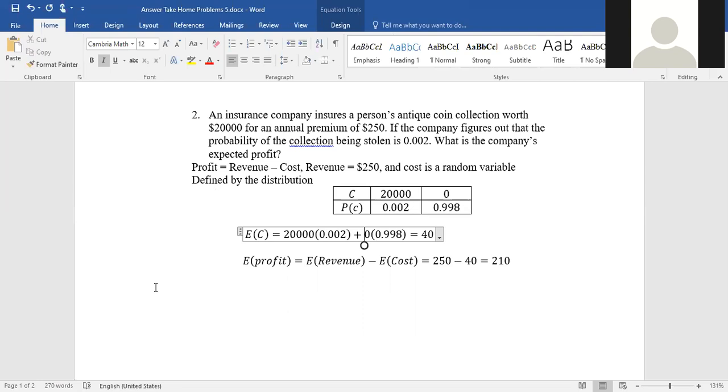if the coin is lost with a probability of 0.002, or 0 if the coin is not lost with a probability of 0.998.